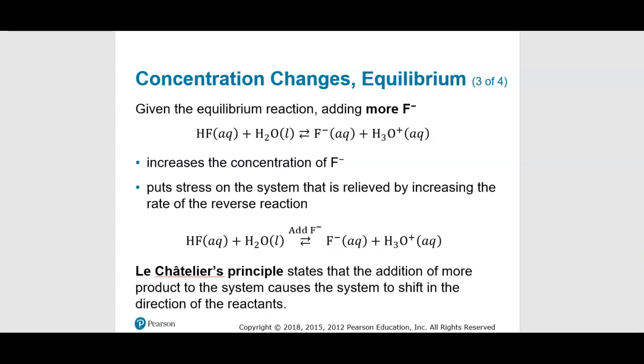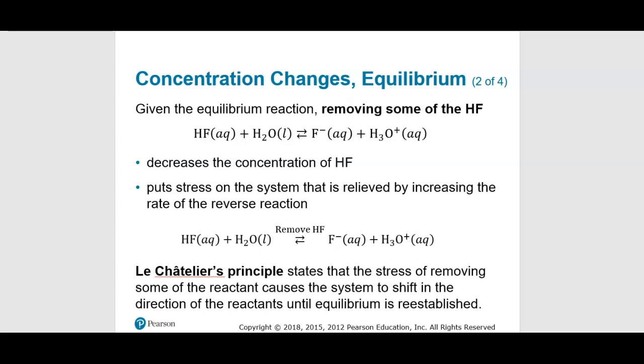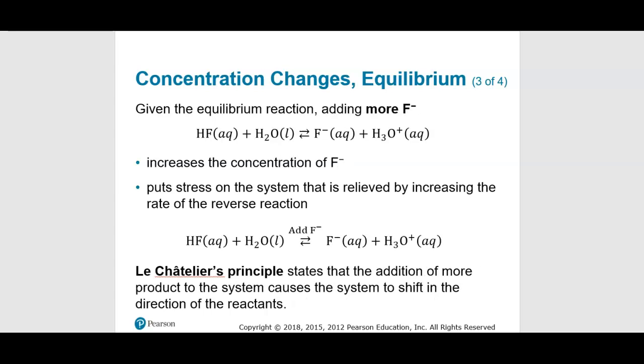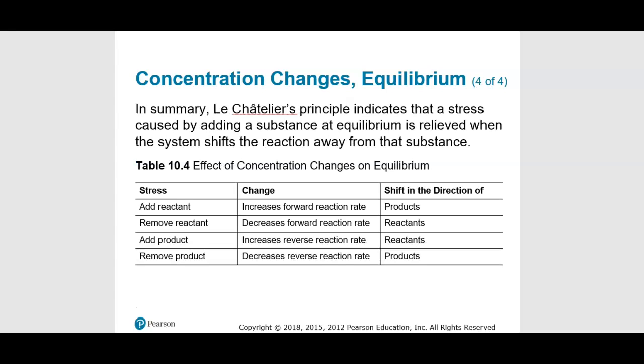So the addition of one or more products to the system will cause the system to shift in the direction of the reactants. What does the previous one say? Removing some of the reactant causes the system to shift in the direction of reactants. Well, both of these are shifting in the direction of the reactants. You remove reactant or you add product, you're going to shift in the direction of the reactants.